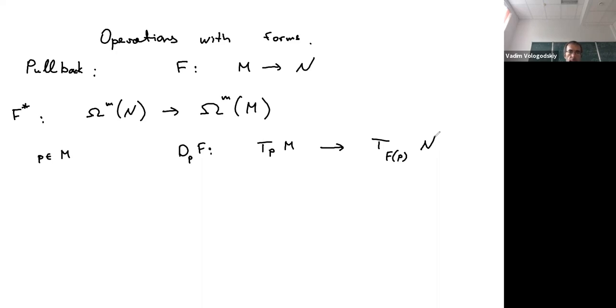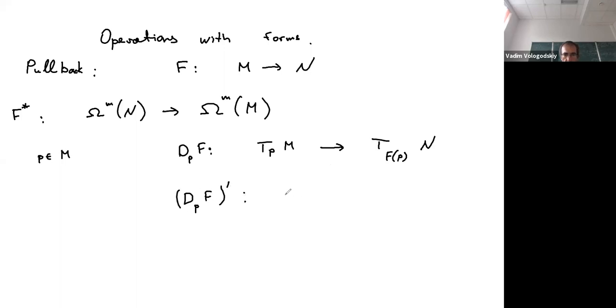Therefore, we have the adjoint map on the space of functionals. So d_p F, I put a prime here.